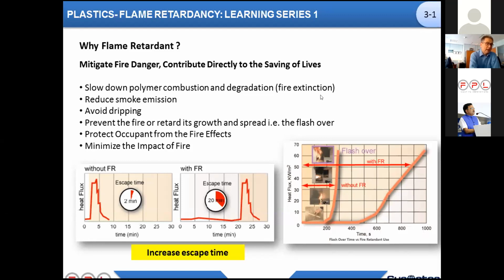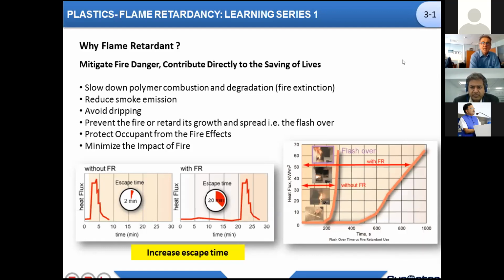So why is it so important to flame retard plastics? Because fire is a very harmful thing. Fire is toxic because it emits fumes, which cause more casualties than direct fire. Fire is blinding.